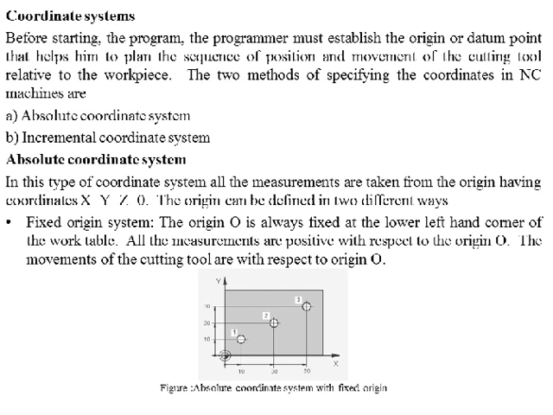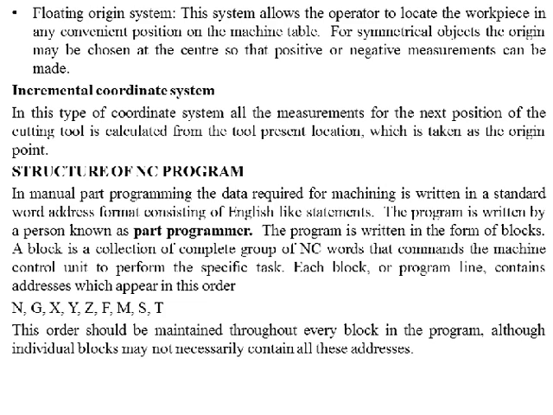Coming to the second type of absolute coordinate system, that is called a floating origin system. In the case of the floating origin system, the system will allow the operator to locate the workpiece in any convenient position on the machine table.